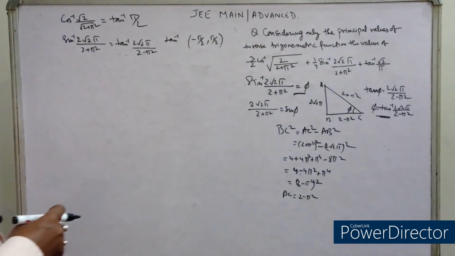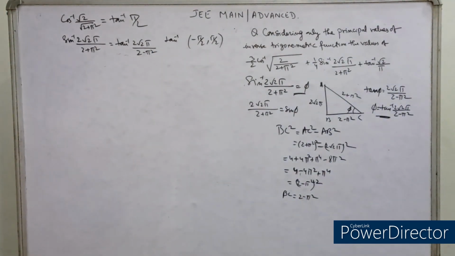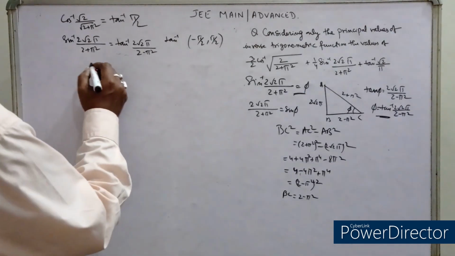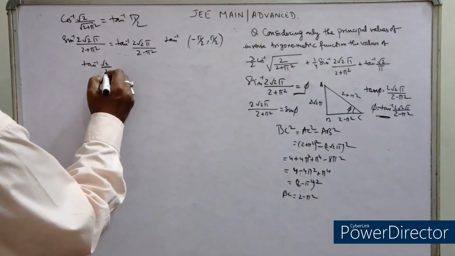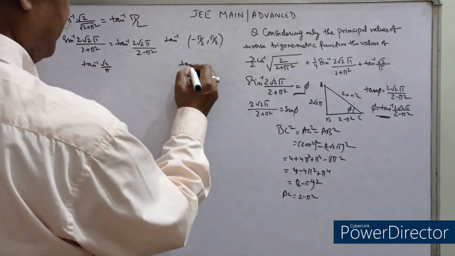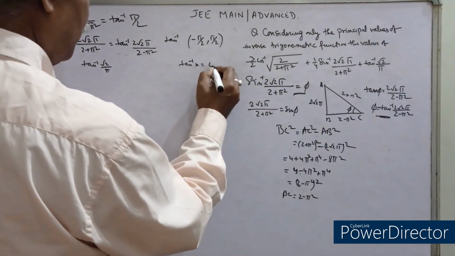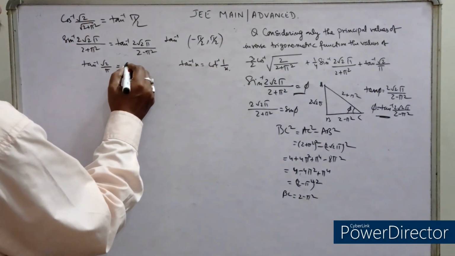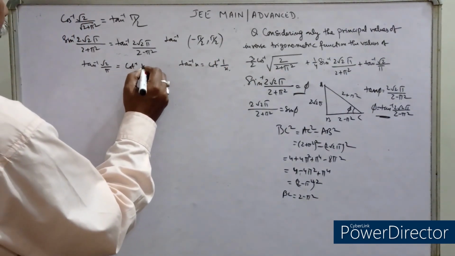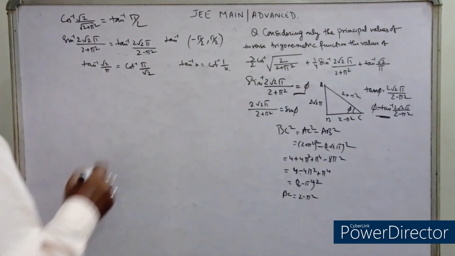And we know that tan inverse x is equal to cot inverse 1 by x. So this will be cot inverse pi by root 2.